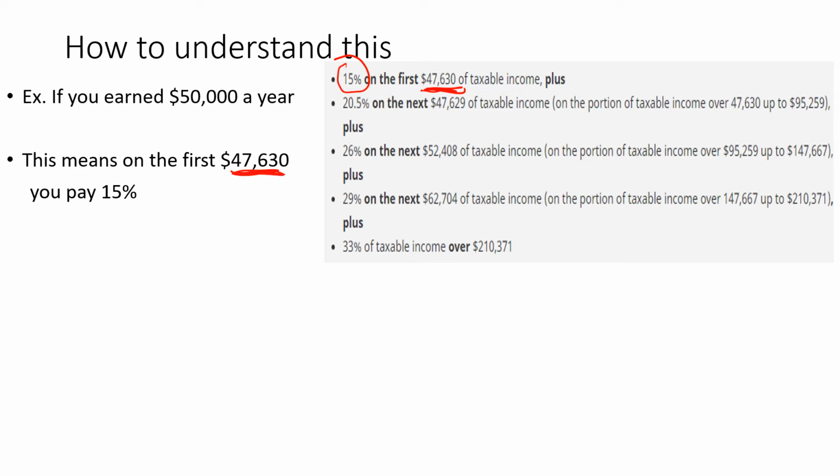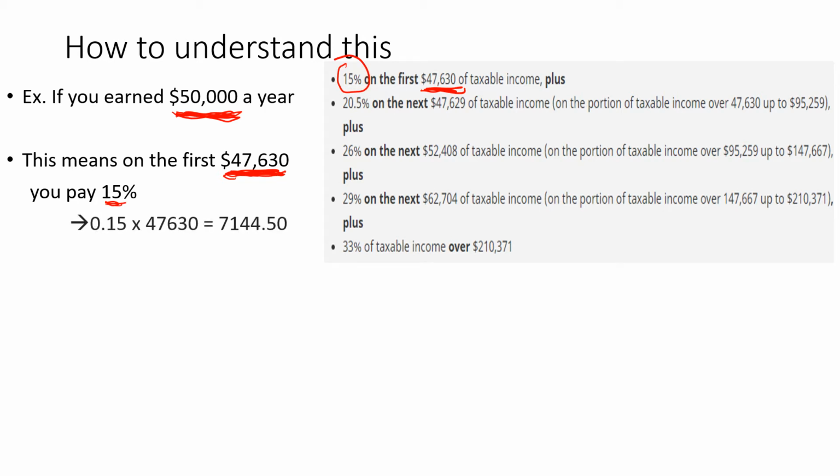Even though this is the first $47,000, we need to pay taxes on all of our money that we make. Okay, so we made $50,000, but on the first $47,000, we pay at 15%.